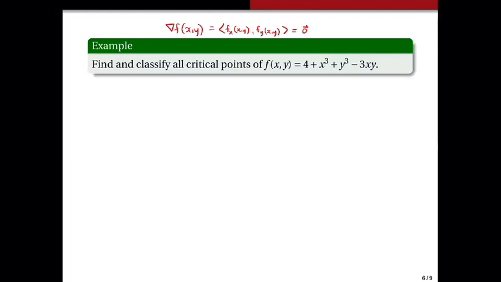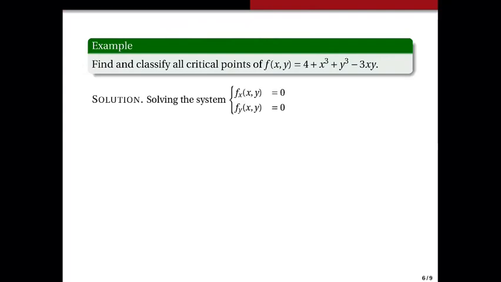So basically we equate this one to 0, we also equate this one to 0, and then we just solve. We need both of them to be 0. So we will have to find those points (x, y) such that both of them are 0 after evaluation. So we solve this system: f sub x of (x, y) equals 0 and f sub y of (x, y) equals 0.